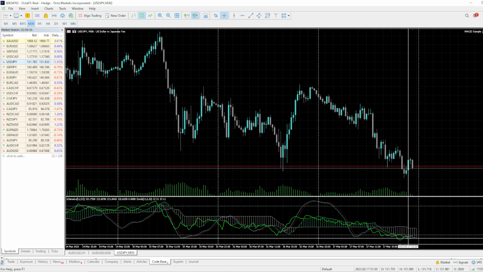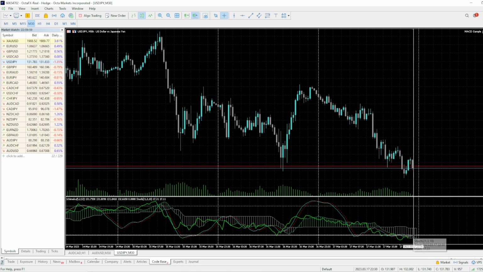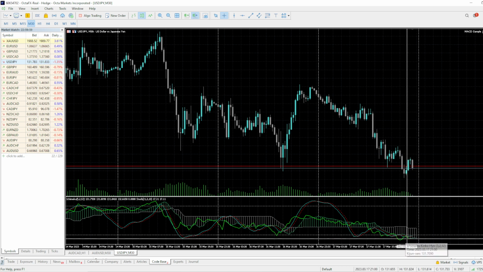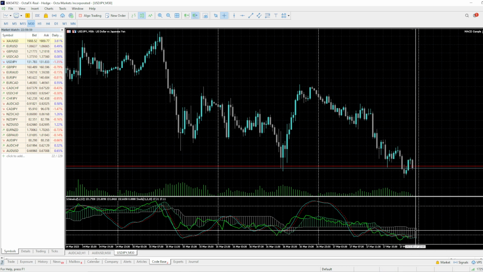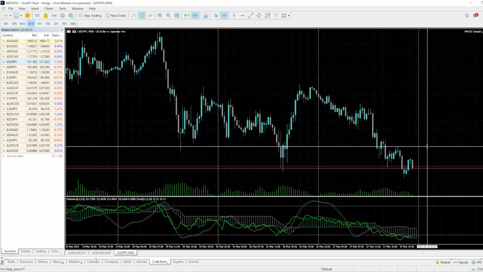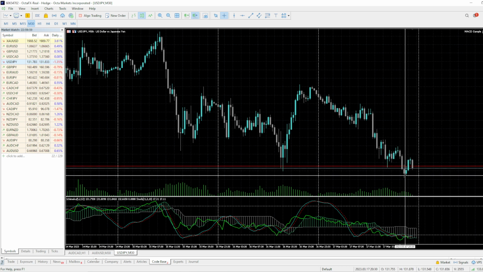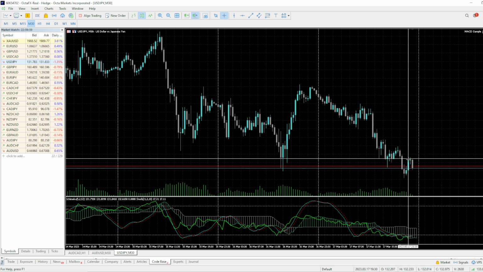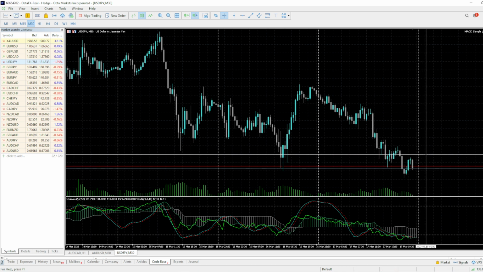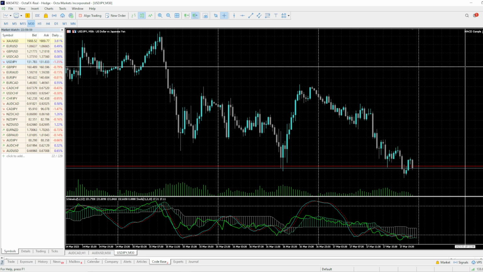So be careful with that. When the stochastic enters the cloud, what we have to do is just wait, let the Chikou span come in and take exit. When it takes exit, that's your buy point. So the market is going to make a break of structure here, change of character, come back for retest and buy.